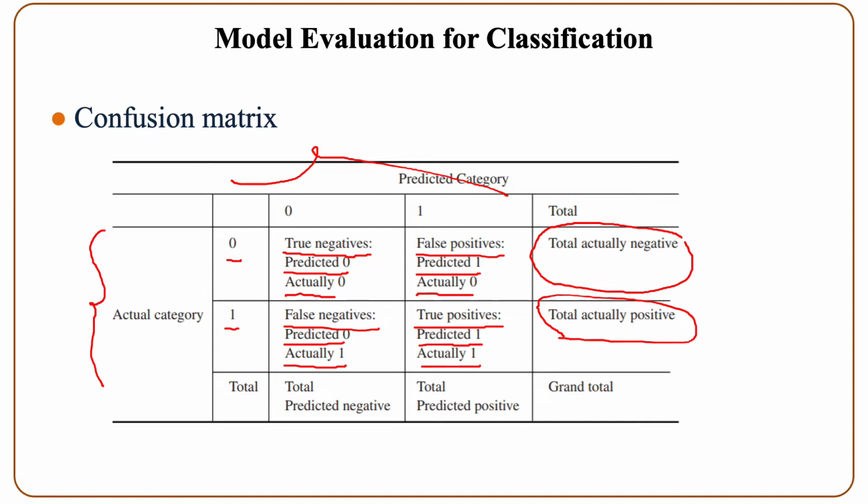The sum of the true negatives and false negatives gives the total predicted negatives. And the sum of false positives and true positives gives the total predicted positives. And the sum of all the counts in the 4 cells gives the grand total.